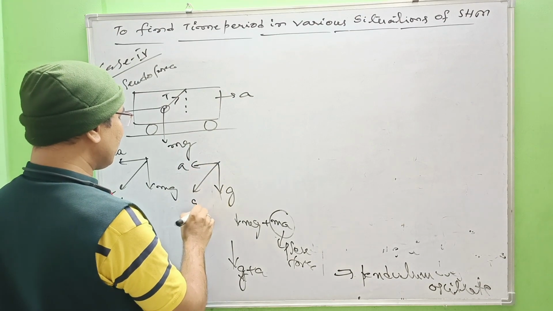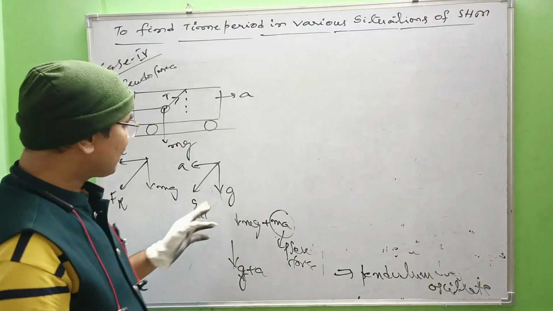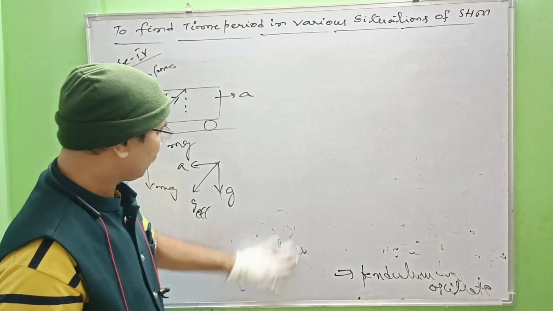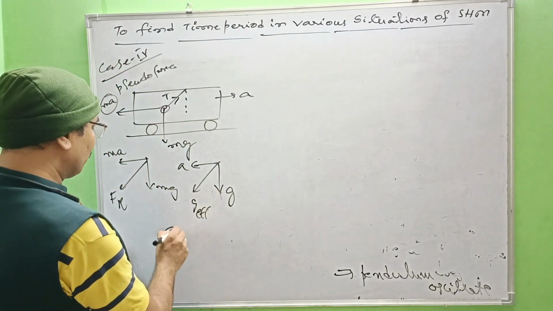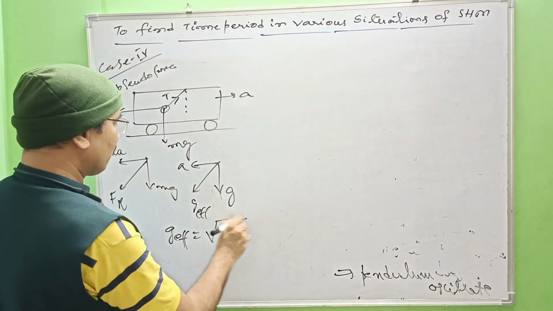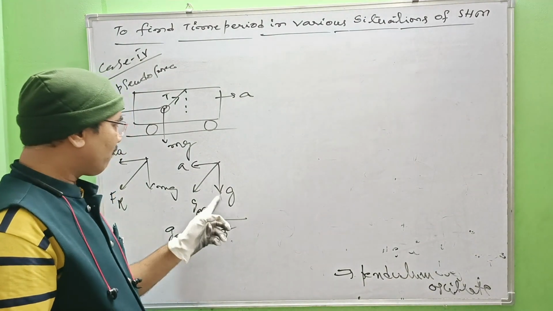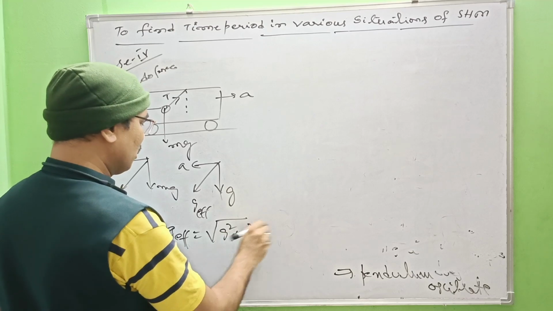Now this is g effective, g resultant acceleration, the effective acceleration. So g effective equals root over g square plus a square, from Pythagoras principle, otherwise from the parallelogram law of addition of vectors.